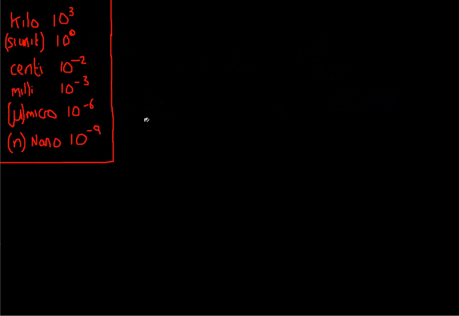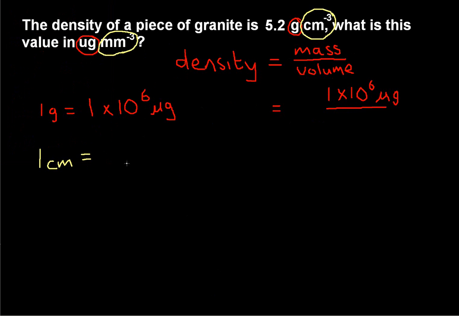Right. We've got to remember that this is volume we're talking about, not just centimetres and millimetres. So we need to use our little method to figure out what 1 centimetre cubed is equivalent to in millimetres cubed. Okay, so 1 centimetre cubed is equal to 1 times 10 to the what?